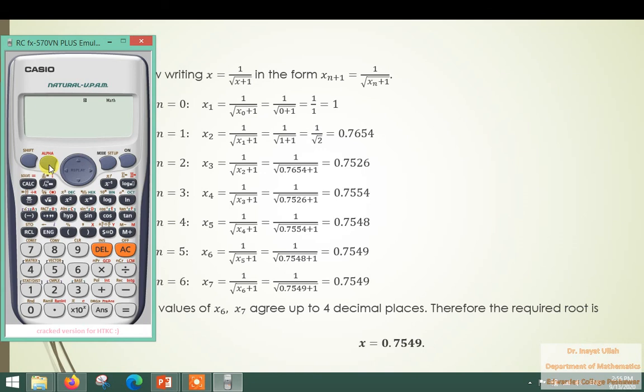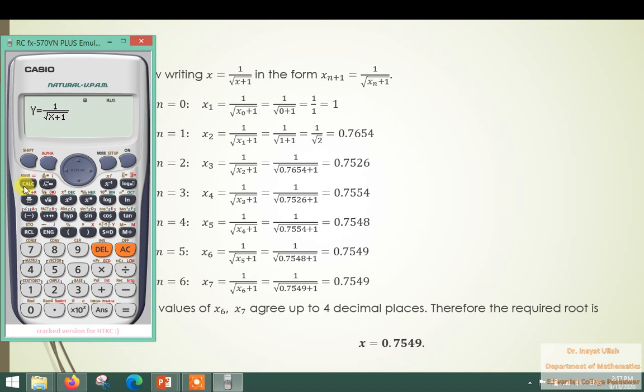So we are going to write here y equals to a fraction, in the numerator there is 1, and in the denominator there is a square root, writing x plus 1 in the square root. So we have written this function in the display of this calculator.